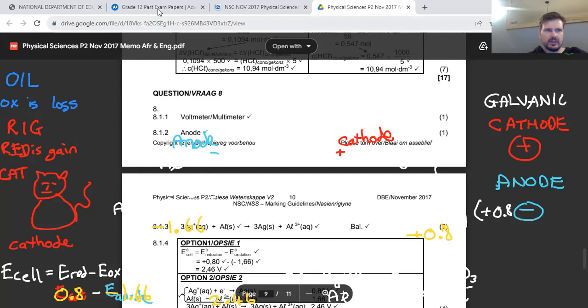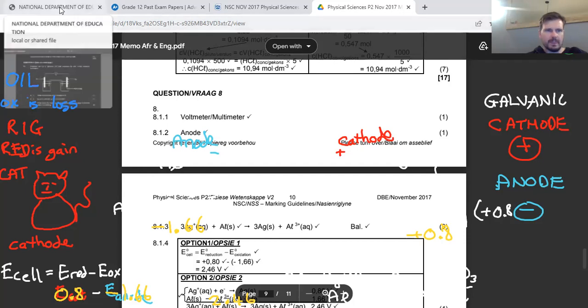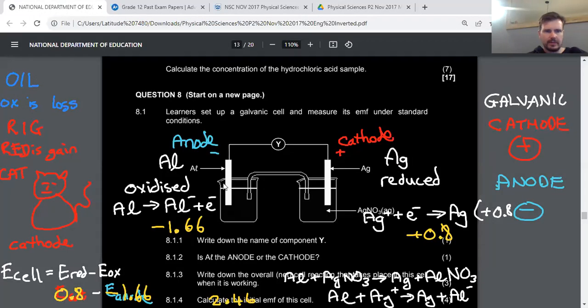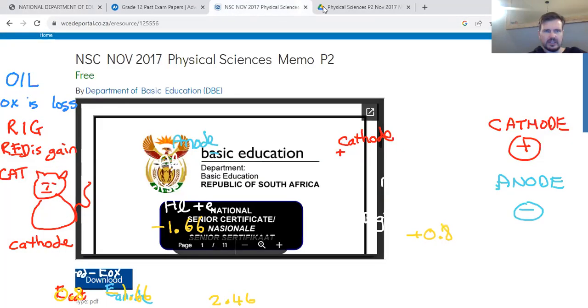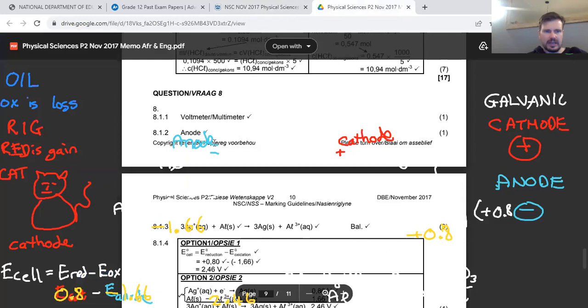Because I wanted to know, let's check. The aluminium, right? See the aluminium there? And we mark the aluminium as an anode. And then we go to here and we see that it is indeed the anode.